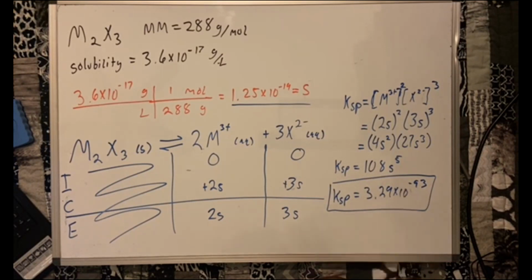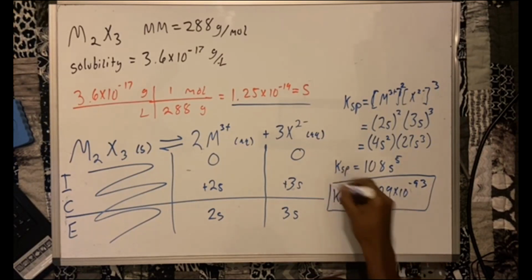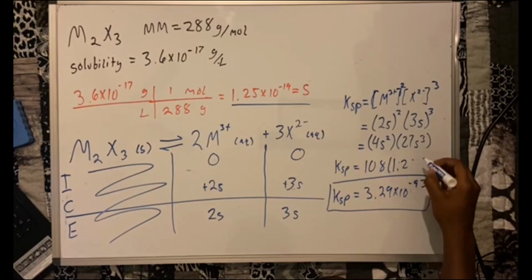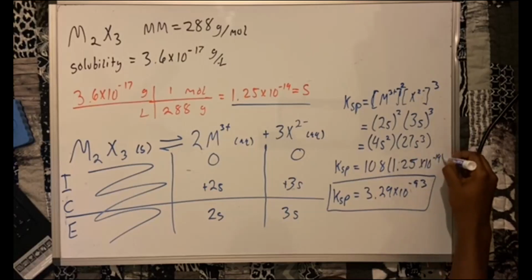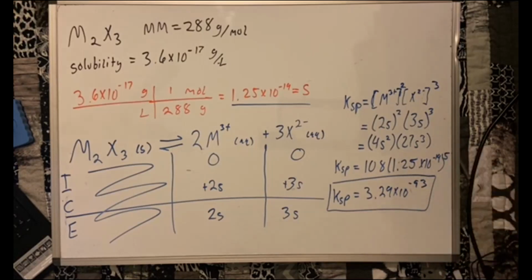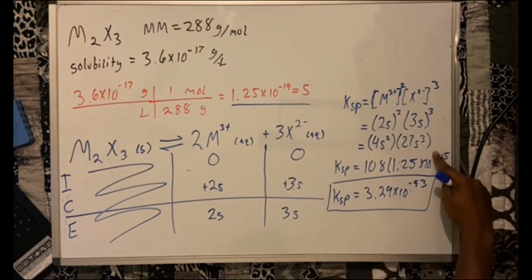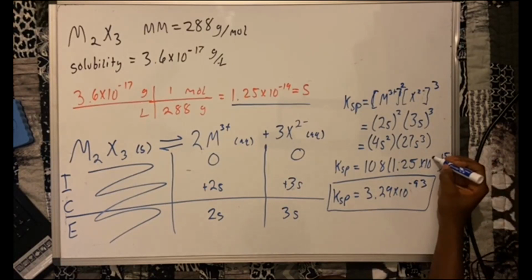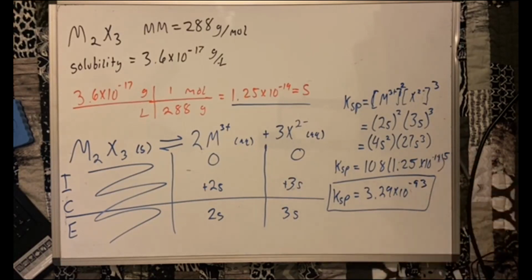It's a step I skipped, so I'll put it right here: 1.25 times 10 to the negative 19 to the 5th. That's what I did. If you can read that, this is a negative 19.